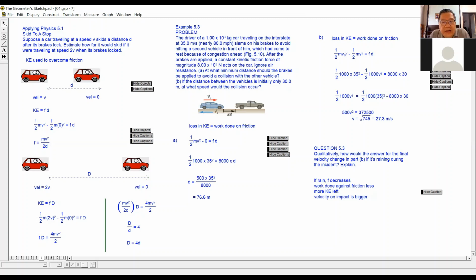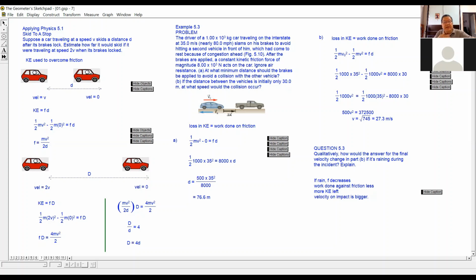Now, in the second case, the distance between them is too short. It's only 30 meters. Yes. In the second case, the distance between them is only 30 meters. And we have calculated they need at least 76.6 meters to avoid the accident, to avoid the car from hitting the truck.